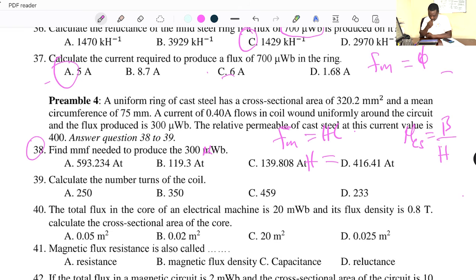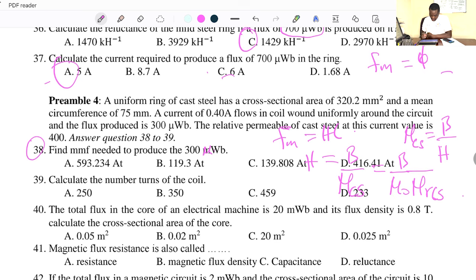If we make the magnetic field strength the subject, we get magnetic flux density over the absolute permeability of cast steel, which is just the permeability of free space times the relative permeability of cast steel.